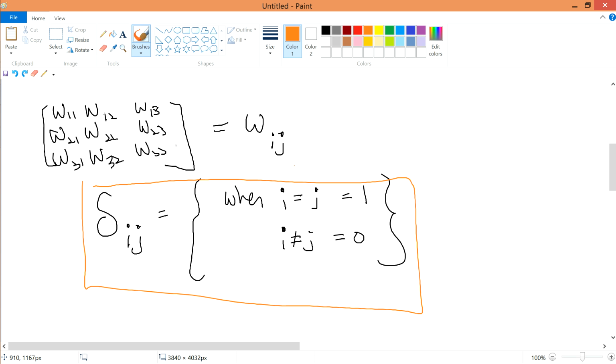It is a tool to help us determine certain things. I will not define it in a hard way, but this is the definition. This tool itself can help us change this one or this one into a dummy index. How? When i is equal to j, it is equal to 1.